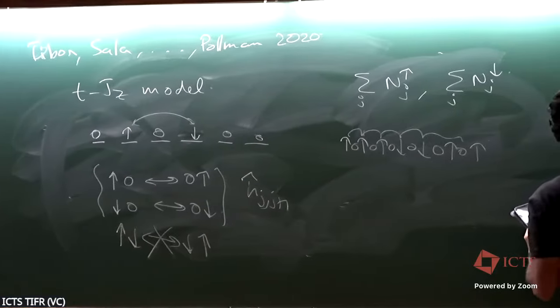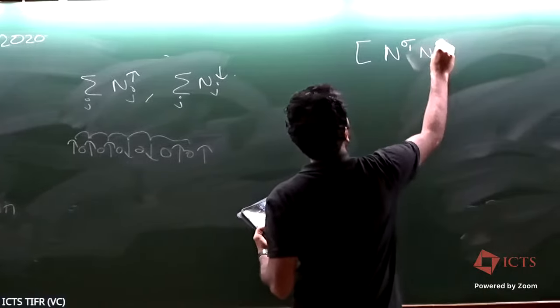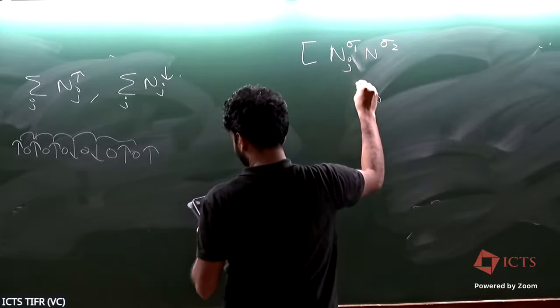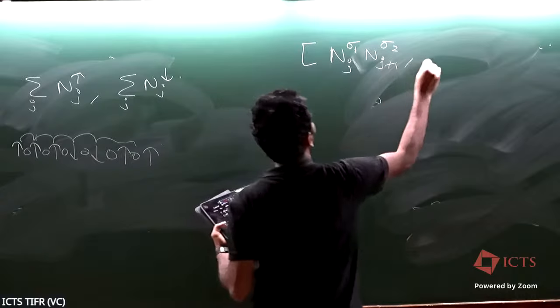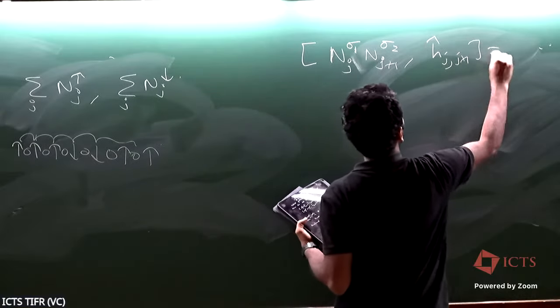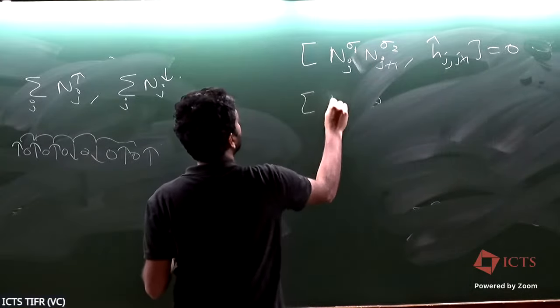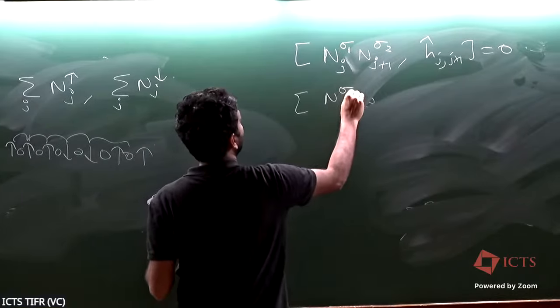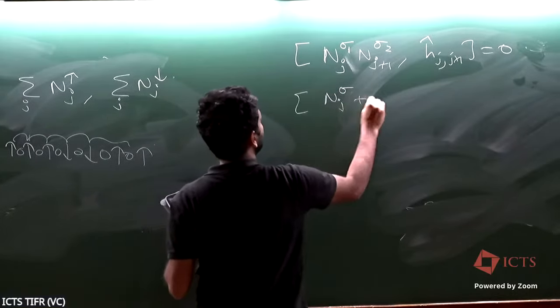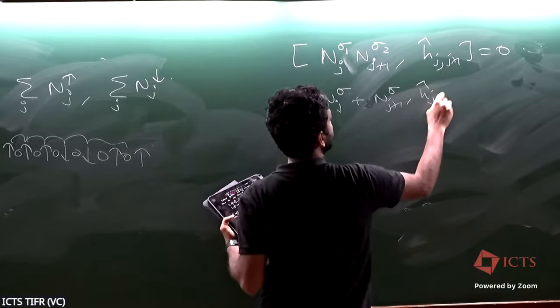It turns out that you can write down these kinds of conservation equations, H_{j+1}. And this is true locally, and this is also true locally. So j plus N sigma j plus 1, H_{j+1}.